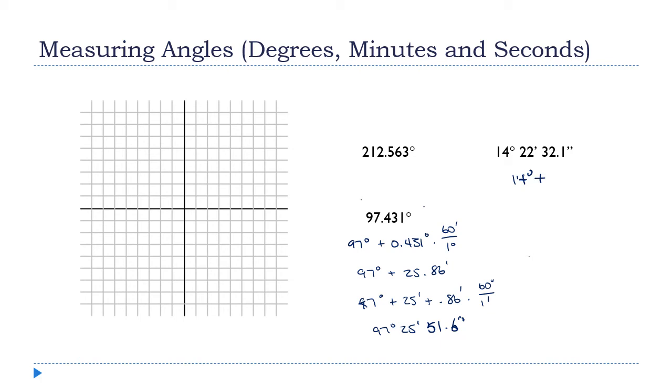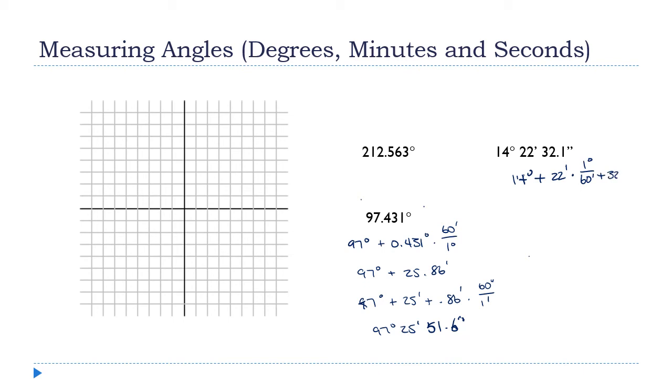Now, I'm going to add, let's see, 22 minutes times, let's see, there's 1 minute in 60 degrees. So that's going to convert that, excuse me, I got that upside down. 1 degree per 60 minutes. That'll do the same thing with the seconds.